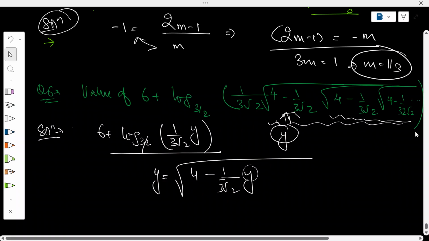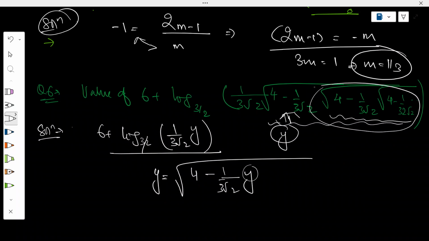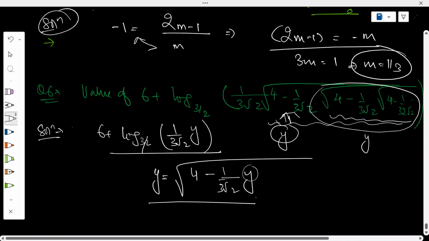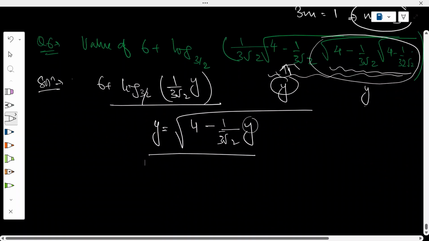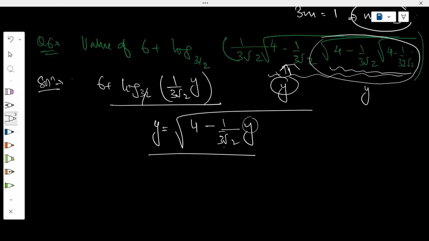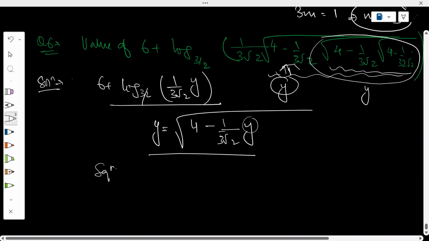So all in all, y is equals to under root 4 minus 1 by 3 root 2 times y only. So if we square both sides, we get y square is equals to 4 minus 1 by 3 root 2 times y.